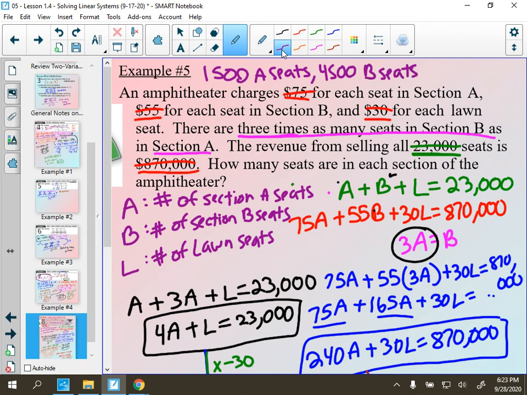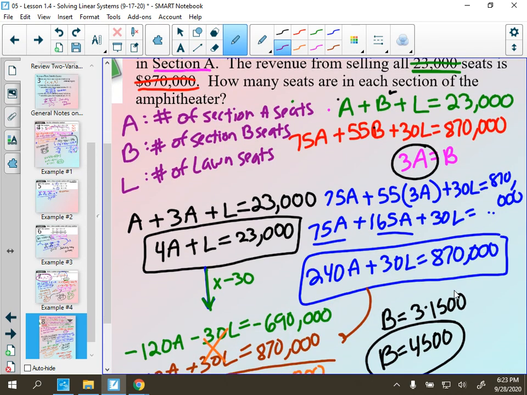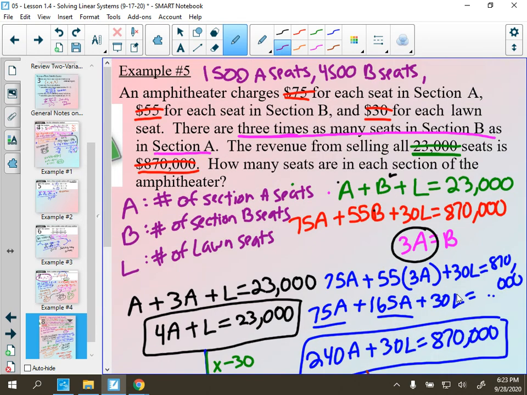I'm still going to run out of room. And 17,000 lawn seats.